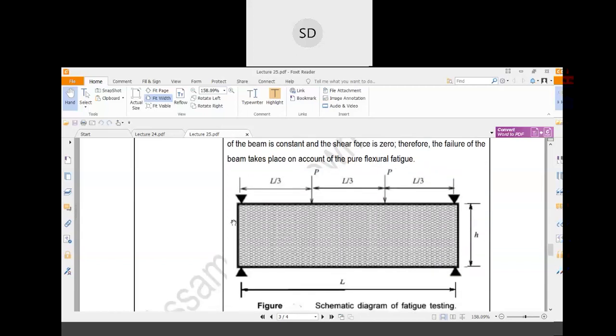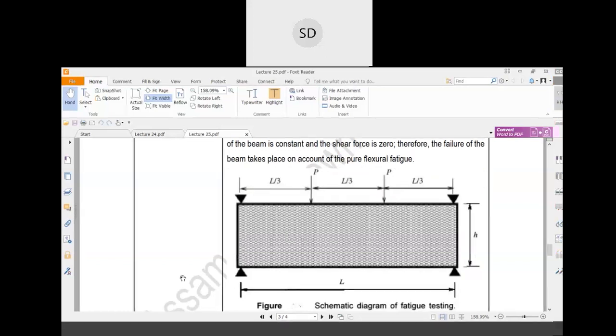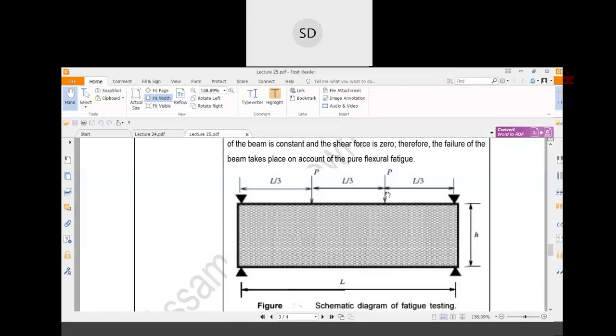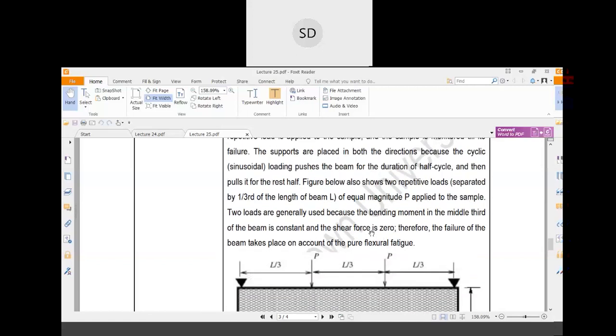So see here, supports are placed both at the top and at the bottom, because by the nature of cyclic loading, for half of the time of that revolution it will push the sample in the downward direction, and for the remaining time it will pull the sample in the upward direction. Therefore, you need to provide support both at the top and bottom so that the sample remains in its position.